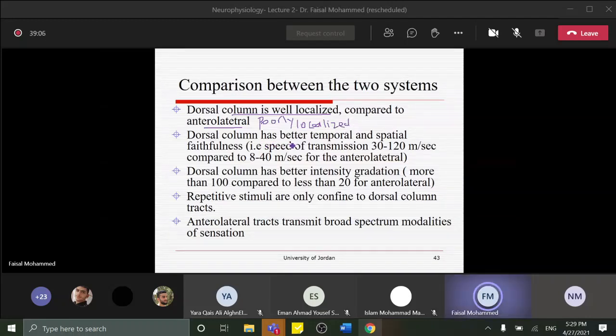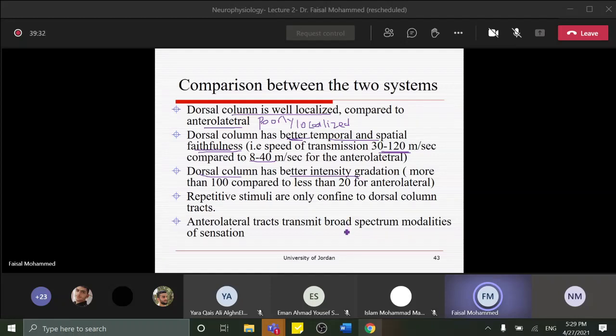The dorsal column has good temporal and spatial fidelity, or orientation, whatever you like. Why? Because it has a very high speed of transmission compared to the low speed of the lateral spinothalamic pathway. The dorsal column also has better intensity gradation.